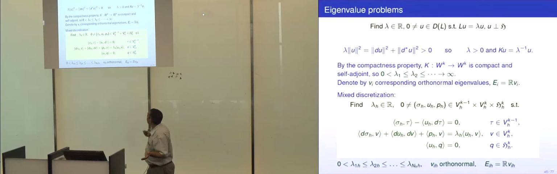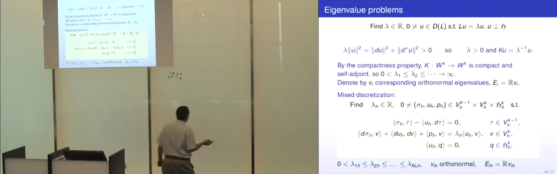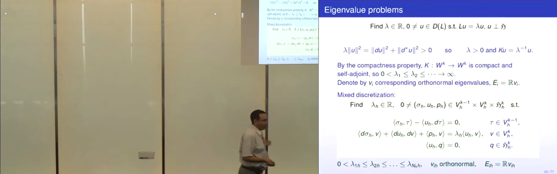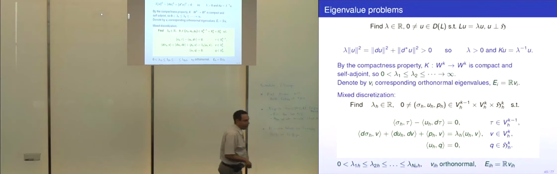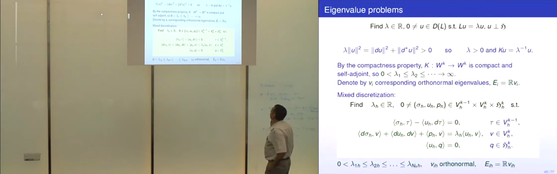And actually here I could either put in u as orthogonal to harmonic or not. If I leave it out, then the harmonic things will pop up as the zero eigenvalues. Or if I take it out, I'm saying find the non-zero eigenvalues of L. It's a little easier notation-wise to take it out.